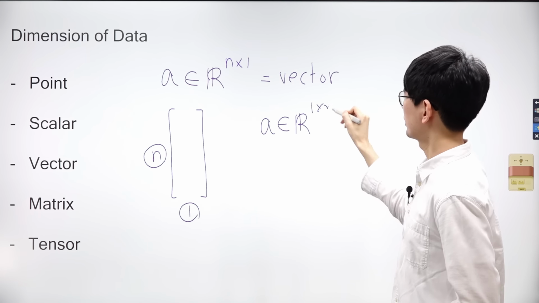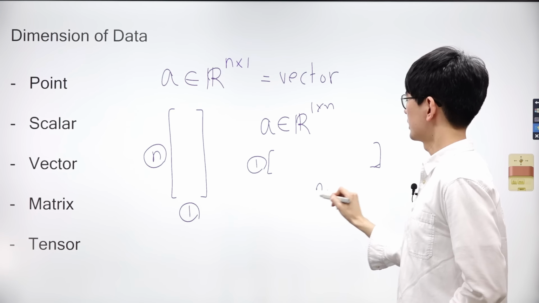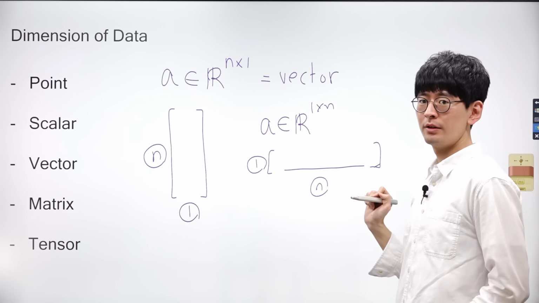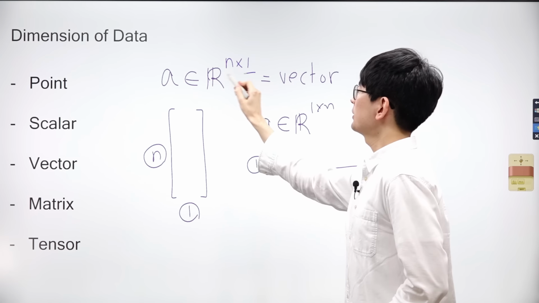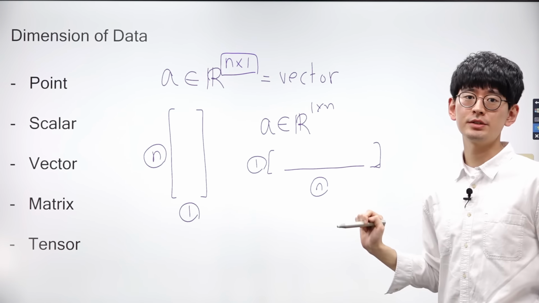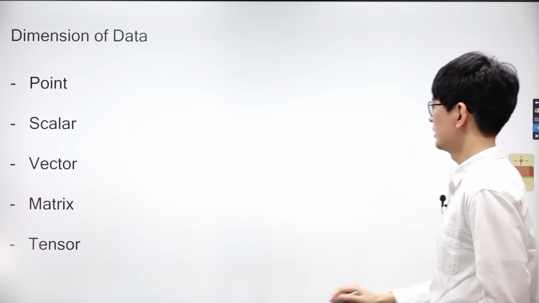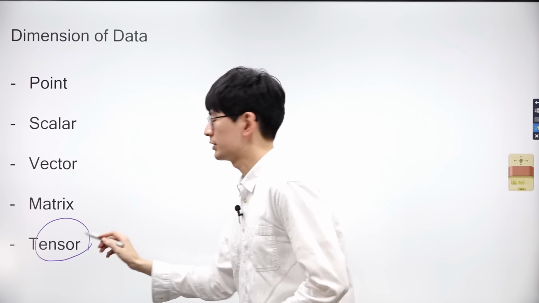The vertical length of the data is 1, and the horizontal length of the data is n. So it's a vector as well, just written horizontally. So even if our data look like matrices, they're still vectors. Be careful not to be confused even when they look like matrices.